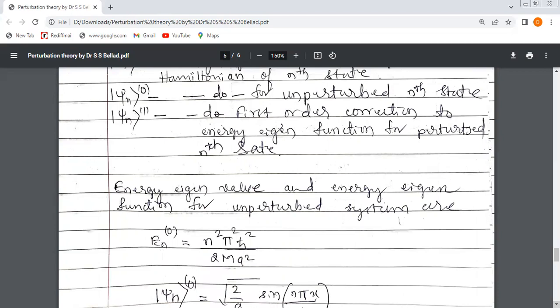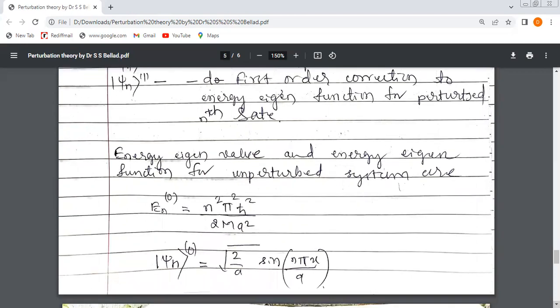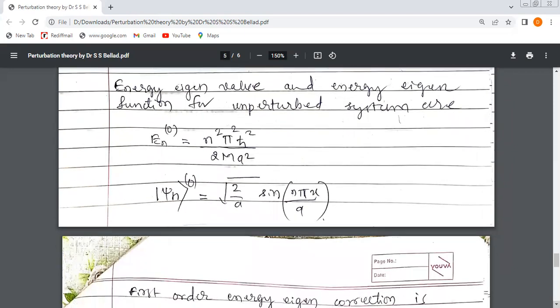In this case, the energy eigenvalues and energy eigenfunctions for the unperturbed system are given by these equations. These are actually obtained by applying the Schrodinger equation. As I told initially, in the perturbation theory technique, first we have to get the solutions for the unperturbed Hamiltonian by applying the Schrodinger equation.